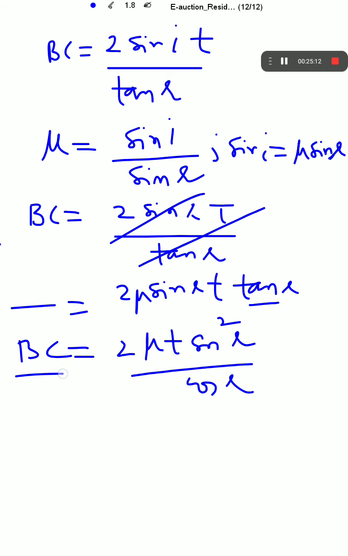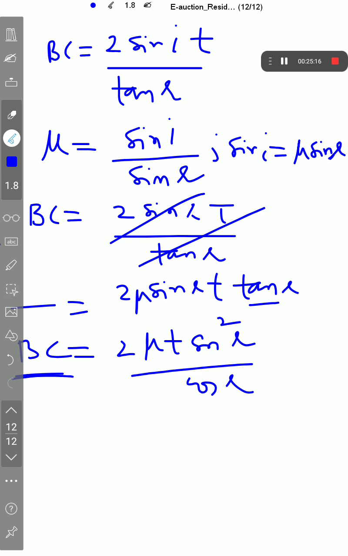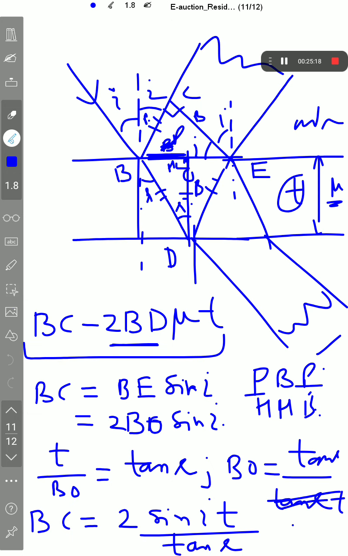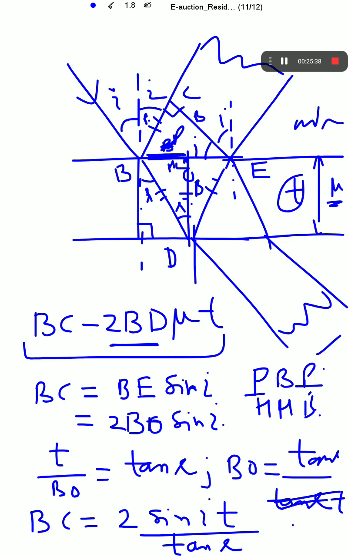So we have calculated BC, and another thing is the expression we have, BD plus DE. So I'll calculate BD and I will take 2 times of that. In that expression we have to calculate BD. So in that triangle we have a base here and hypotenuse here.